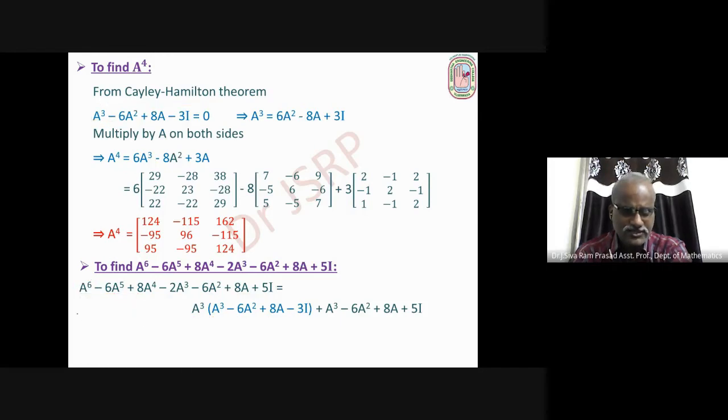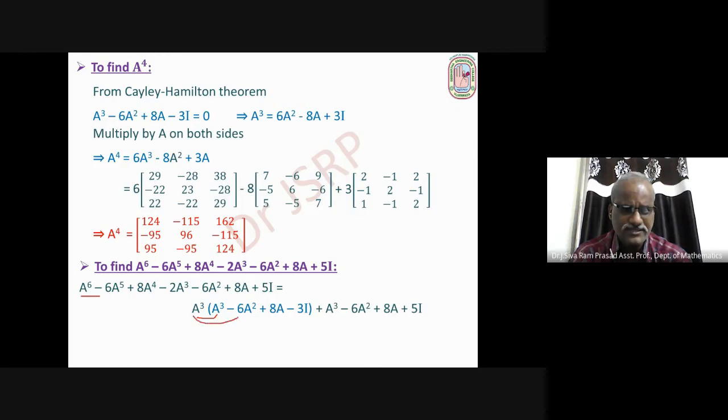Okay, so in the first term, take A cube common to use this identity. Here we have A power 6, take A cube common. So write A cube into the identity as usual. Now simplify which terms we have to add or subtract to get the original expression. So A cube into A cube, A power 6.